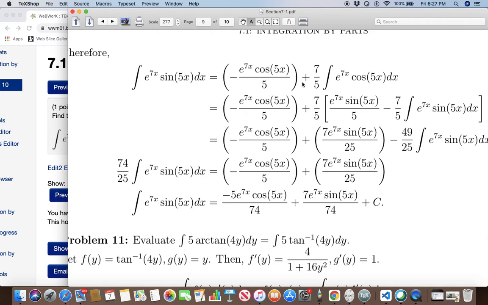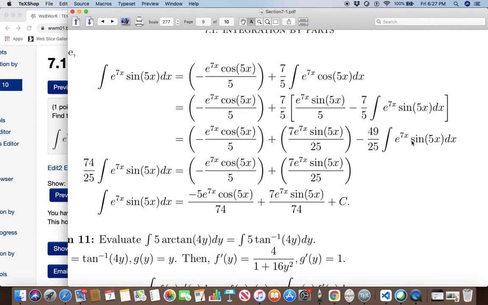That's what we had, plus 7/5 e raised to 7x cosine. We worked this out and we got this part. Now distributing, you get the first term as it is. The second term has a 7 over 5 and a 5, 7 over 25, minus 7 over 5 times 7 over 5, e raised to 7x sine 5x again.